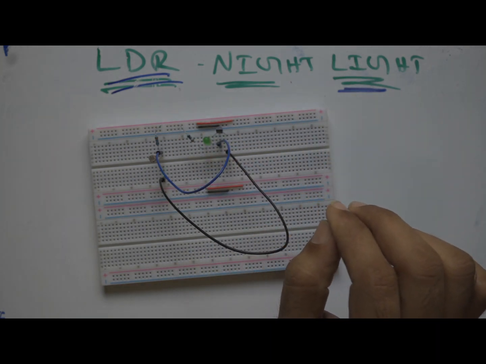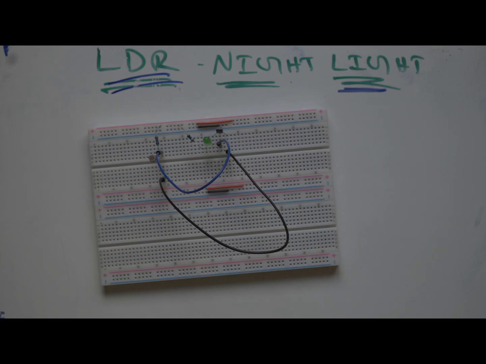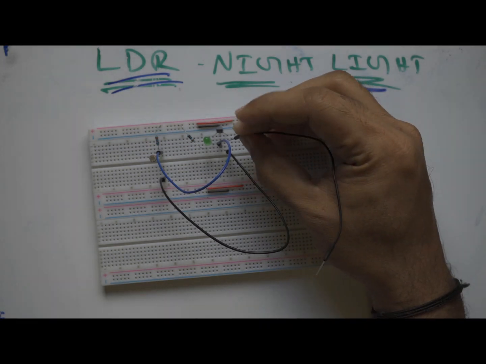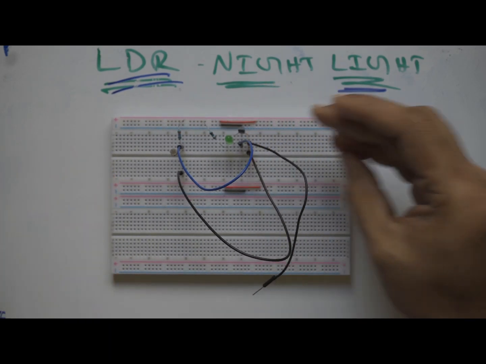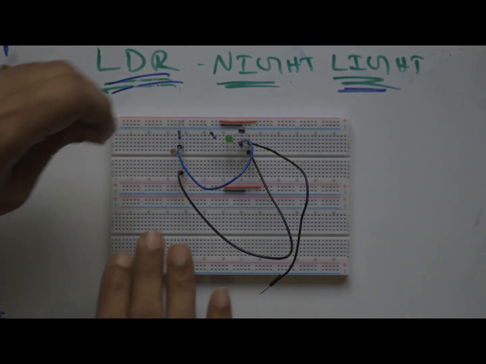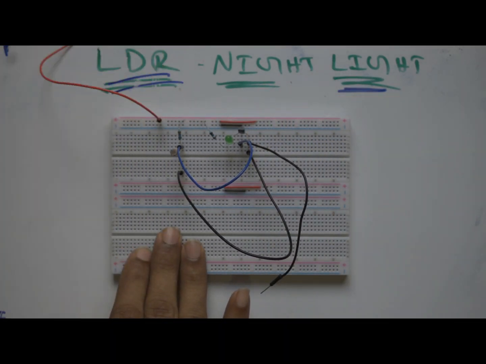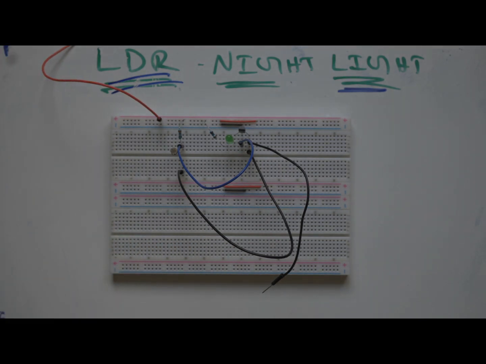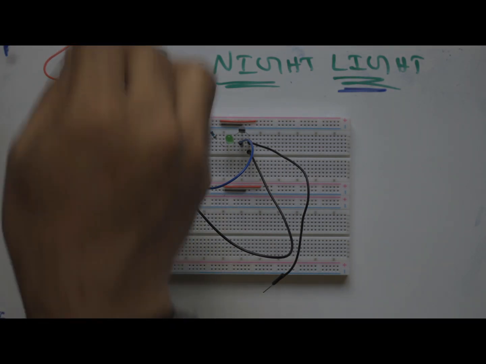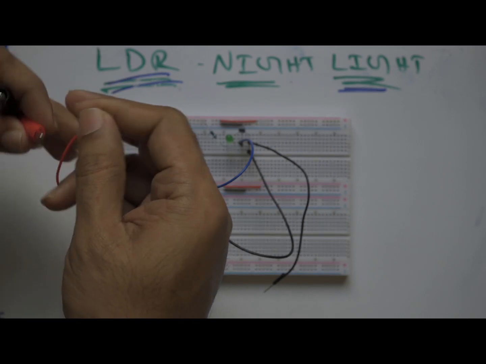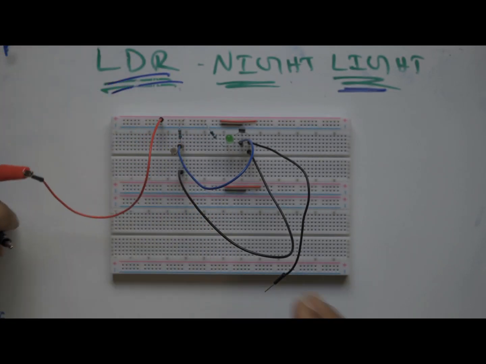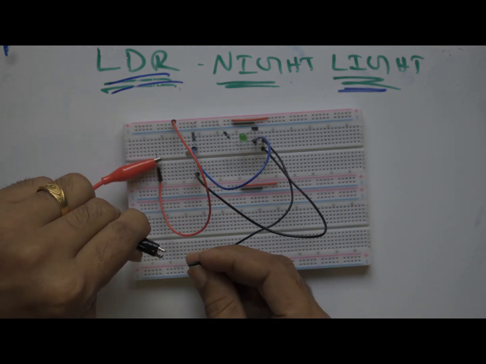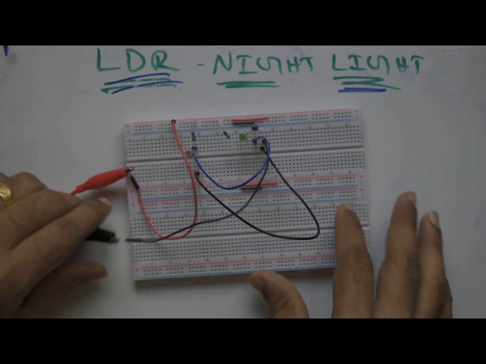So this is it. What we are going to do is give a supply. A 5 volt supply. Put positive to positive terminal, negative to negative terminal.